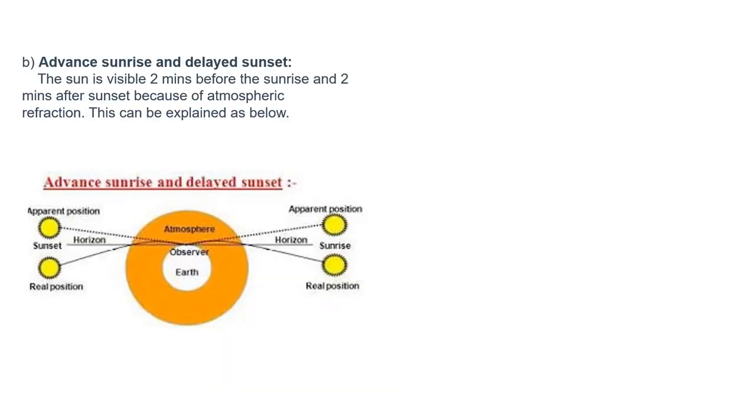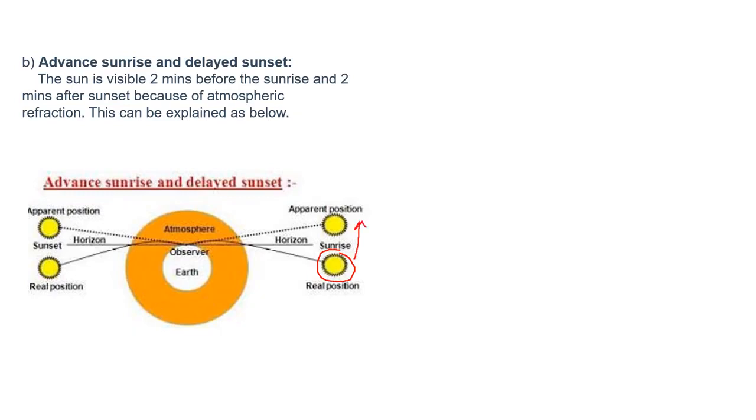Now, advanced sunrise and delayed sunset is again an example of atmospheric refraction. The phenomenon which is taking place in this case is atmospheric refraction, right? The actual position of the sun is here, but it appears raised.